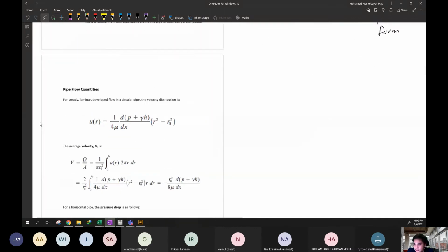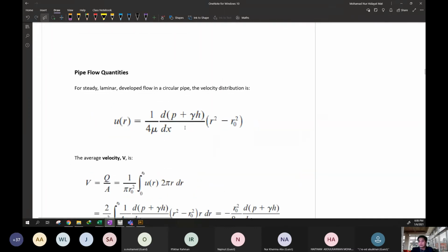You can see this is the final version after I derive it for you. This is the velocity distribution. The velocity u will vary with r. Change in r will change u. So 1 over 4 mu, dp over dx, the pressure drop over distance, multiplied with the parabolic function, r squared minus r0 squared.